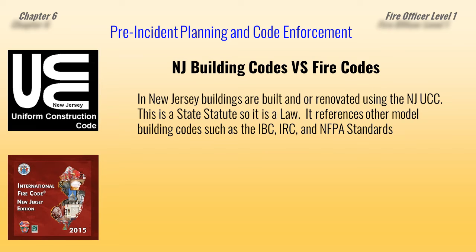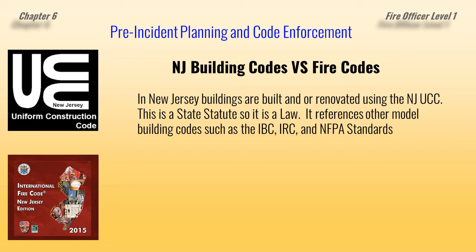And it references other model codes, such as the International Building Code, the International Residential Code. So if we're going to build a new building, we start with the requirements in the New Jersey Uniform Construction Code, which is going to reference the International Building Code or the International Residential Code.